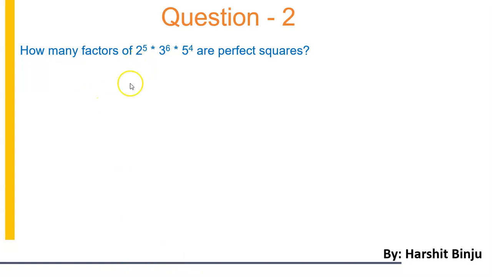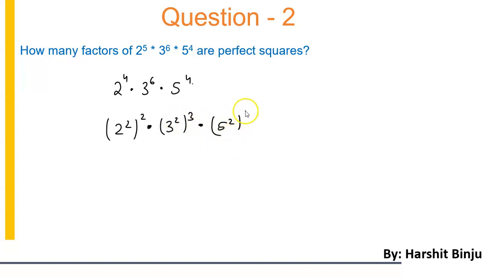Rather than writing it as 2 to the power 5, I'm going to write this as 2 to the power 4 into 3 to the power 6 into 5 to the power 4. Or you can write this as 2 square whole square into 3 square whole cube, my bad, and 5 square to the power 2.